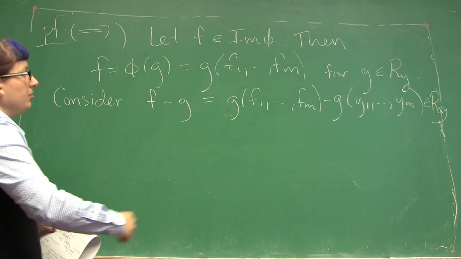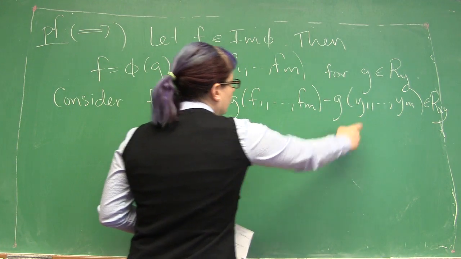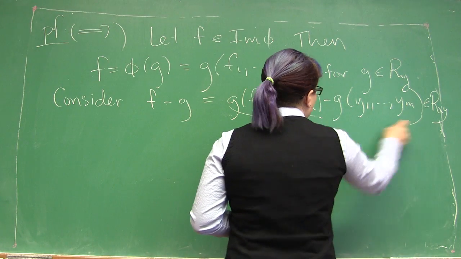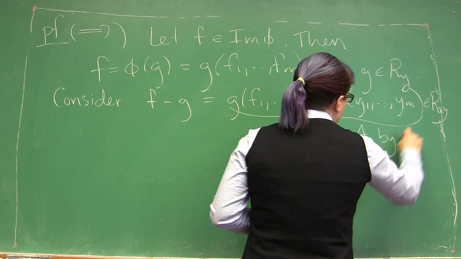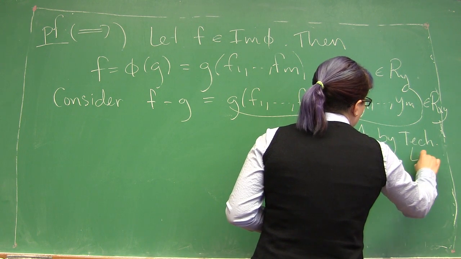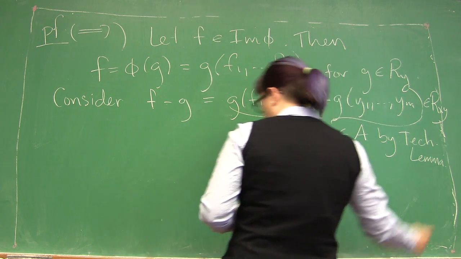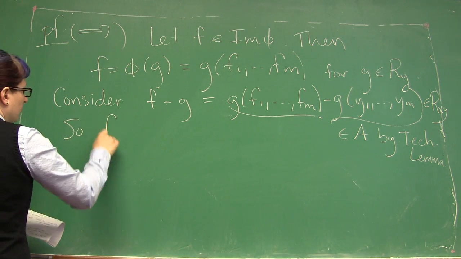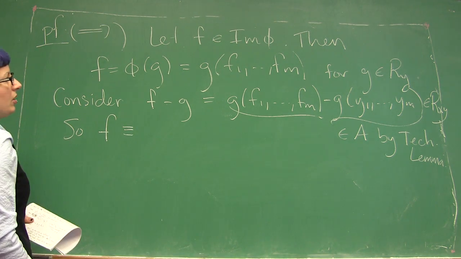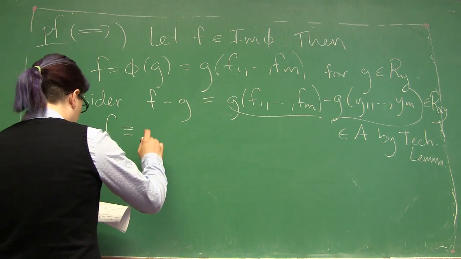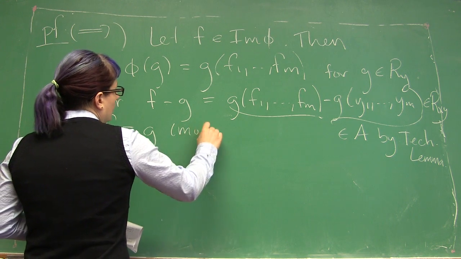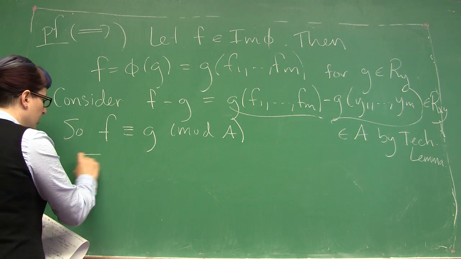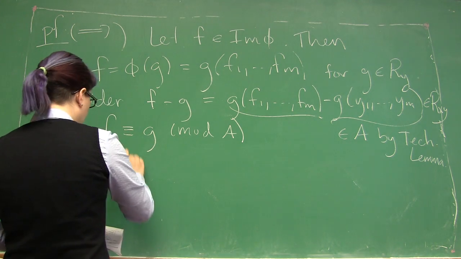But now, using our technical lemma again, this difference is actually in our ideal A. So what this says then is that f is congruent to g mod A, which we've seen already is equivalent to them having the same normal form.